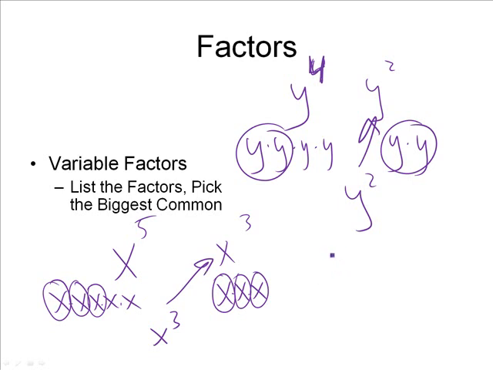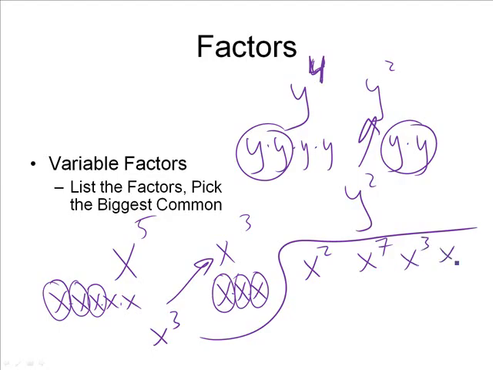So if we were to look at the greatest common factor between x squared, x to the 7th, x cubed, and x to the 5th, then we could know, oh, well, the greatest common factor is going to be x squared. If I turn that to x to the 21st, now the greatest common factor is going to be x cubed.